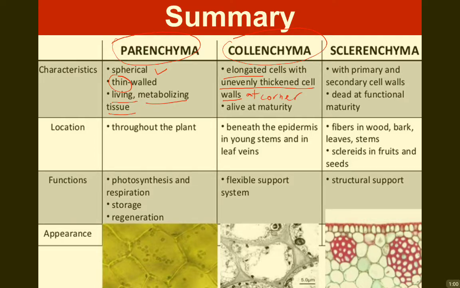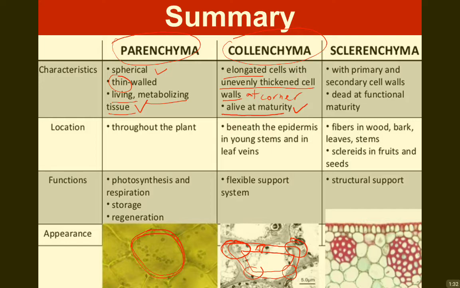So if you look at the diagram here, the cell wall is unevenly thickening at the corner, heavily thickening at the corner here. Compared to parenchyma, the cell wall is only a thin layer, evenly thin. For this one, thickening, okay, but uneven at the corner. Alive at maturity. So this one living, this one living.